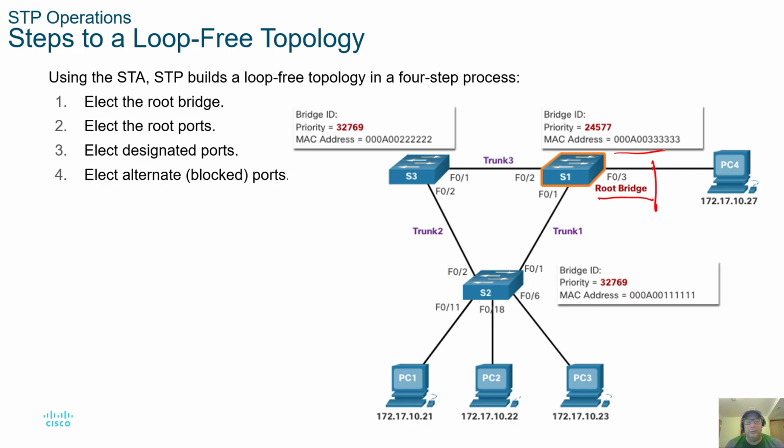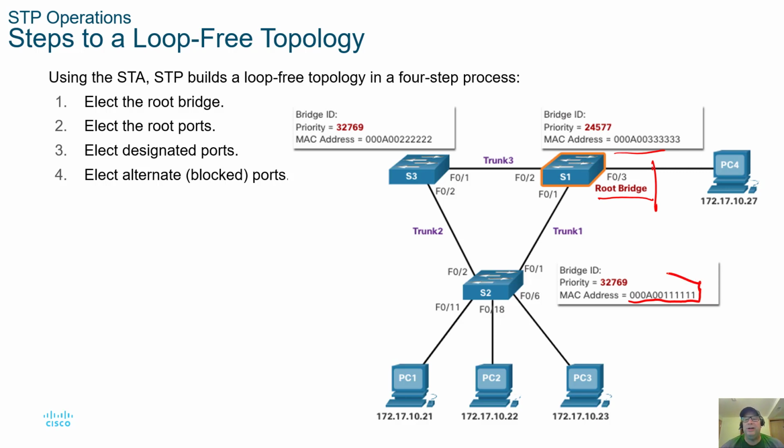So as we look through these 3 switches, the MAC addresses of each one of the switches start with 000A, and the highest MAC address is actually switch 1. And if the priority values were exactly the same, then switch 2 would have been elected as the root bridge because it has the lowest MAC address in the space.